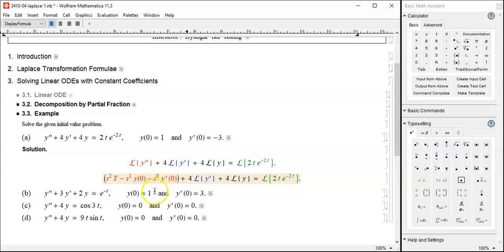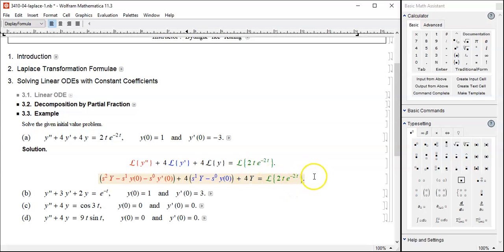And that habit will be helpful if you go over to higher order linear ODEs. Okay, how about the next one? S to the first power Y minus s to the 0 power y of 0. Okay, that's blue.